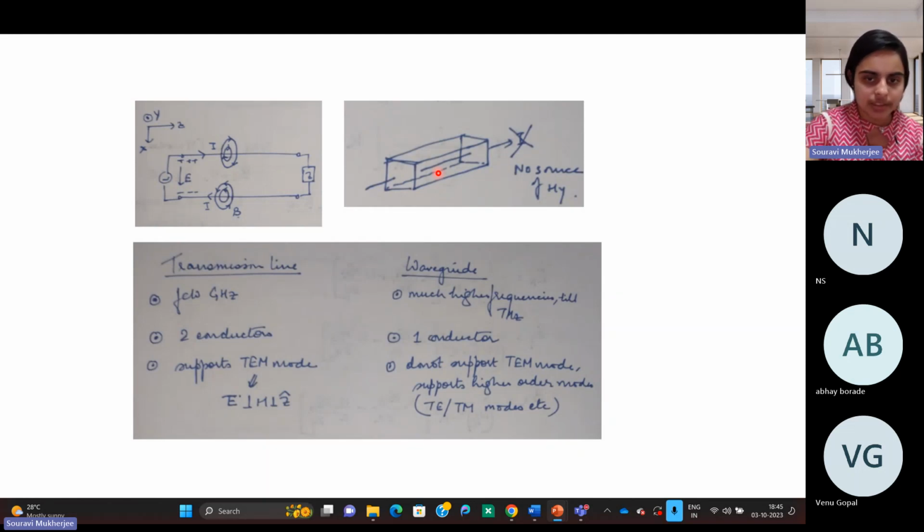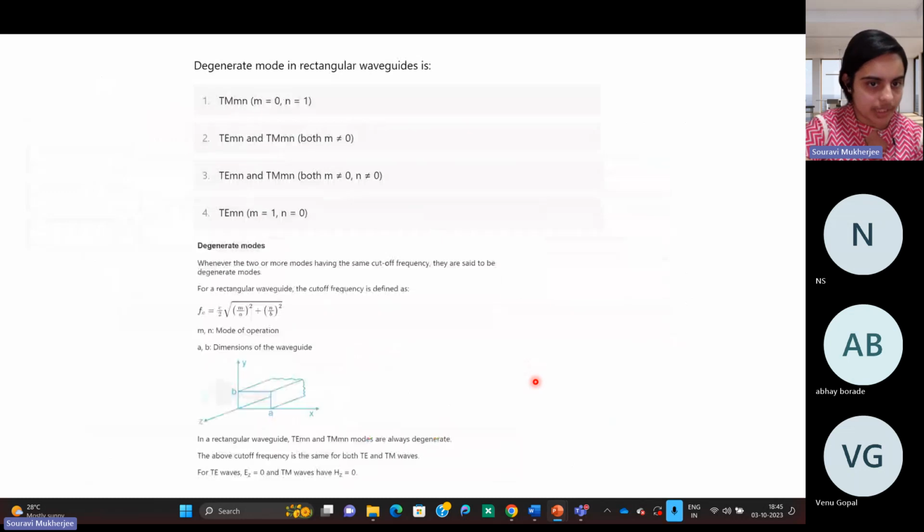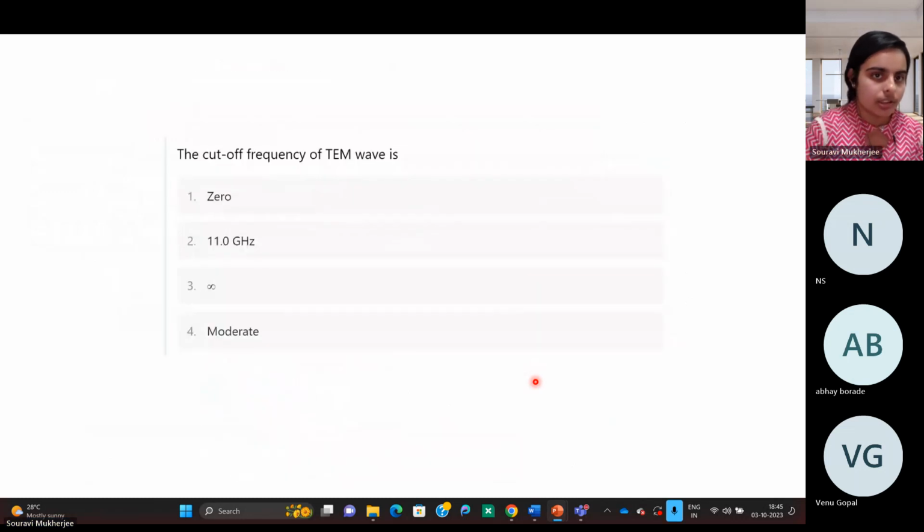So basically what it's telling you is that waveguides do not support TEM waves, right? That means whatever the frequency, TEM waves won't be propagated. So what do you think the cutoff frequency for TEM waves should be?